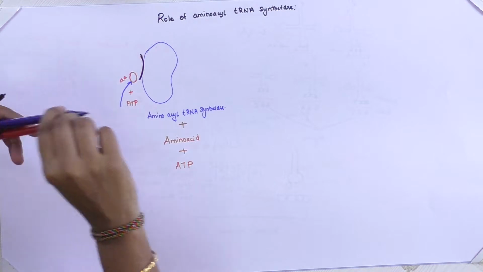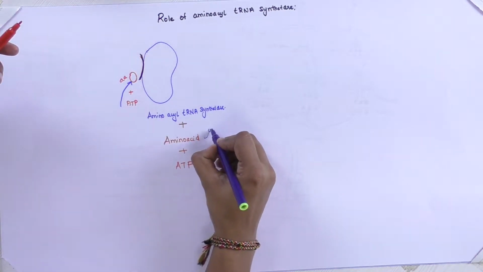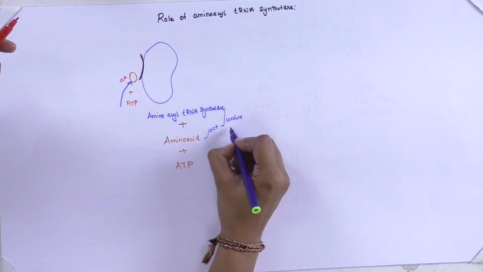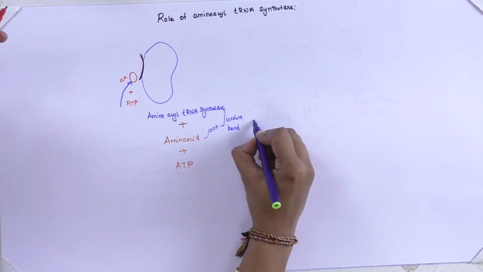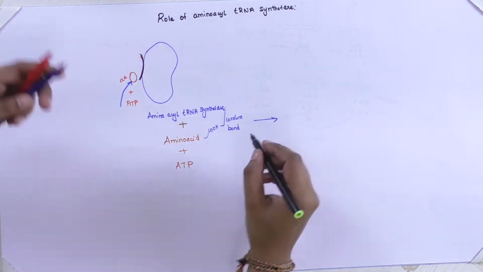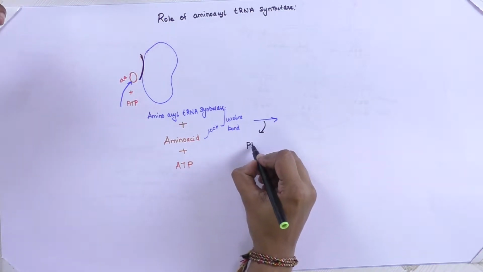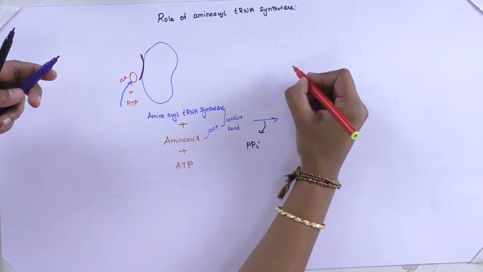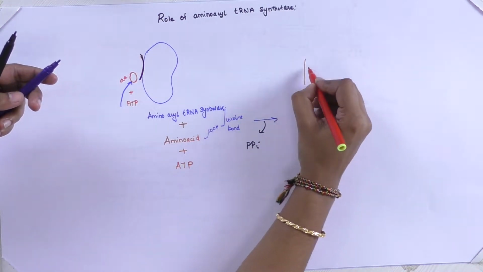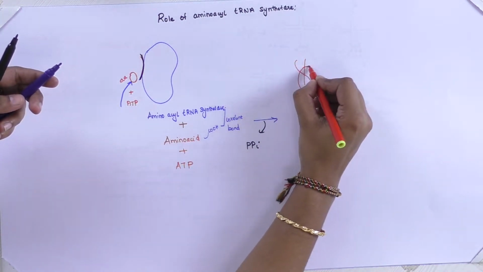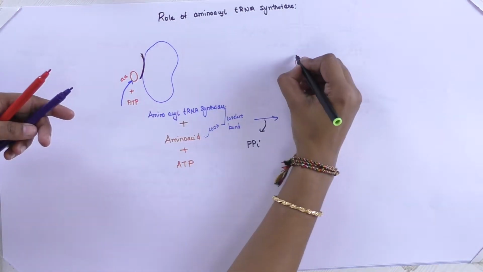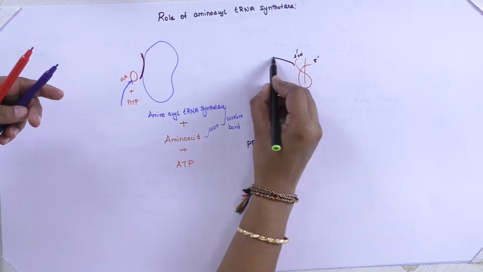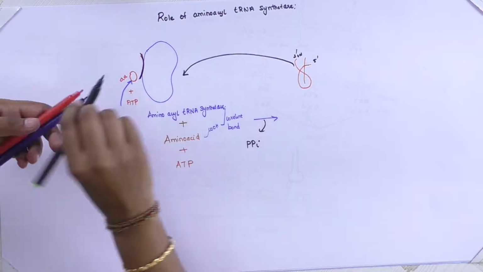Once they bind to the active site through the COOH bonding and covalent bond, a pyrophosphate molecule will be released out. Now, after the pyrophosphate molecule is released, a tRNA molecule recognizes the tRNA synthetase enzyme.